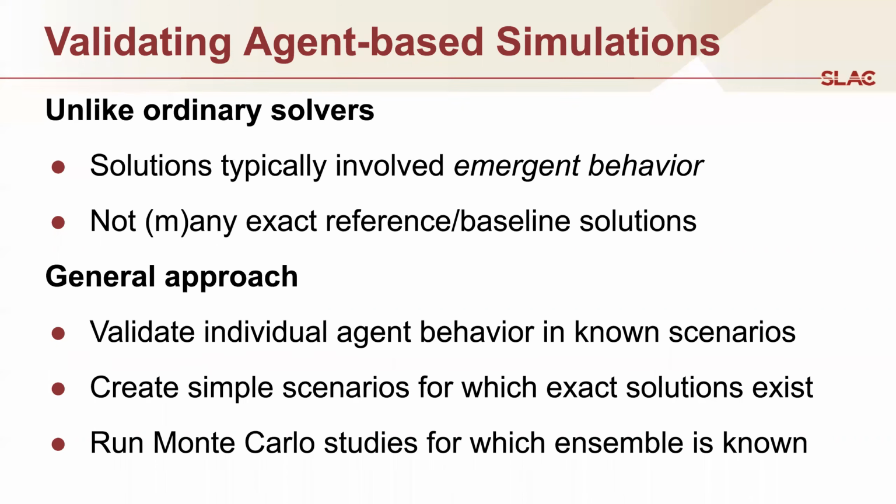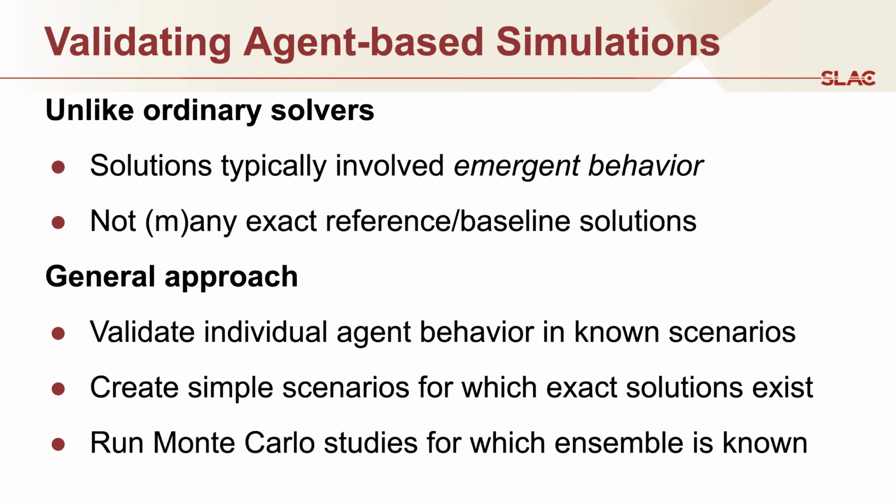So one way to do this is to simply validate individual agent behaviors when we give them scenarios that are clearly known. For example, if I give a house model certain weather data for a certain physical setup of the house, then if I turn off all the random number generation in the house, I should get pretty consistent behavior out of it.